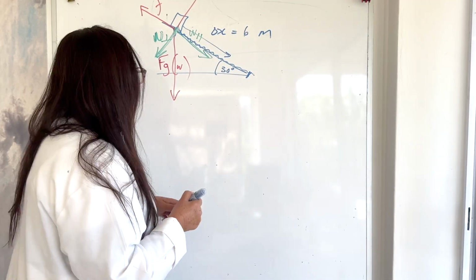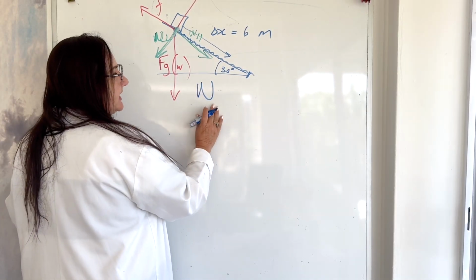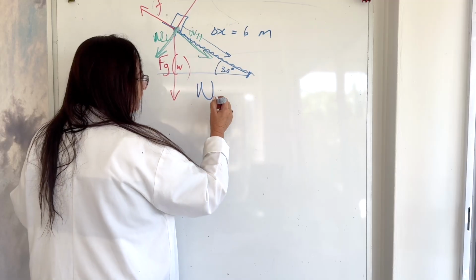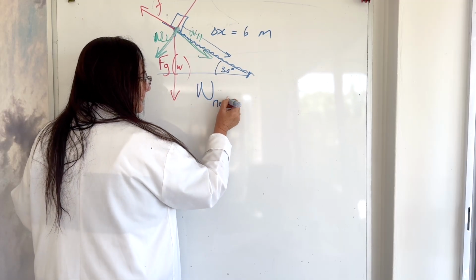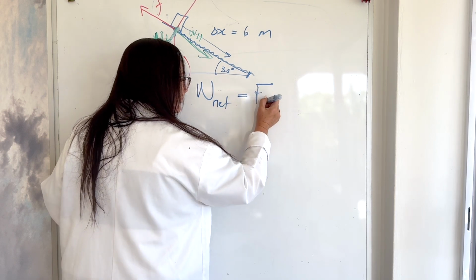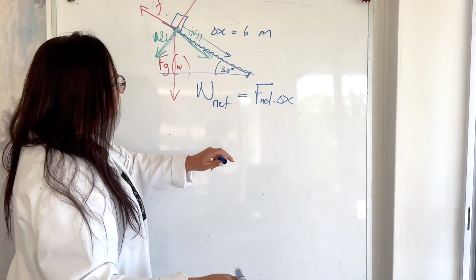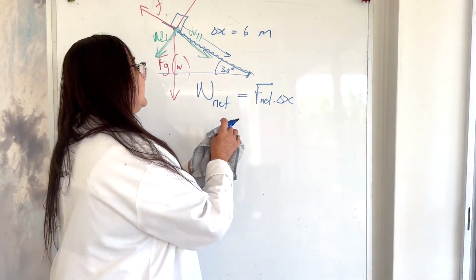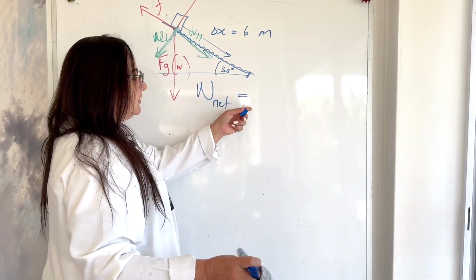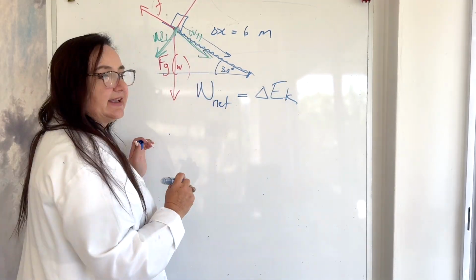So what does it mean? It means that the work done by my net force equals my net force times delta x cos theta, that we know already, but that would then equal the change in the object's kinetic energy.